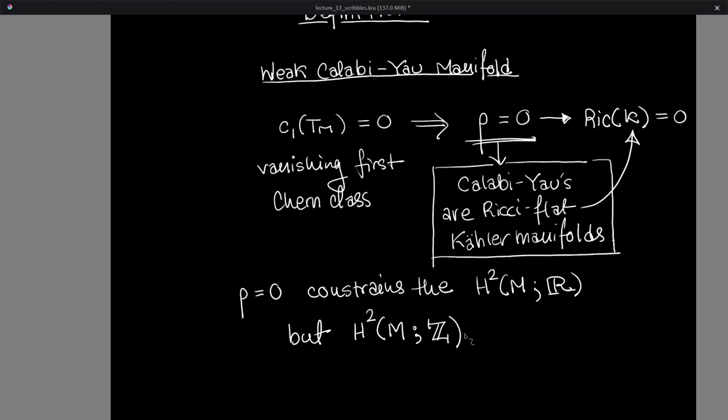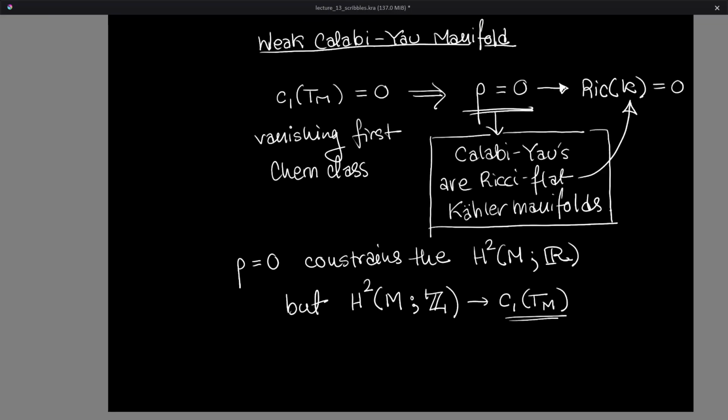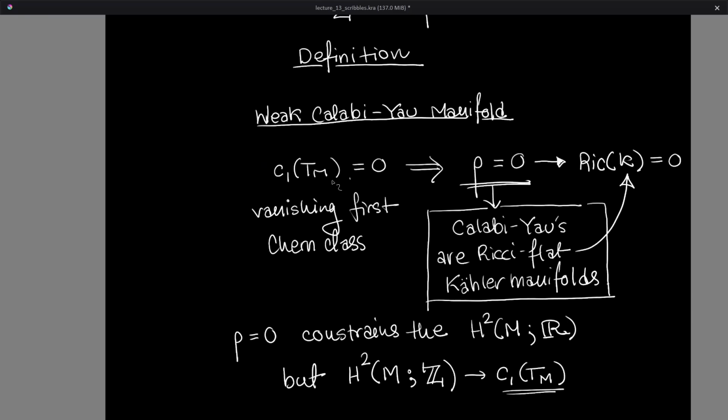And those situations are what mean that this Ricci flatness is not the same thing as the vanishing first Chern class. Oh yes, here what I meant is c1 of TM is this actually, right? So that's what I meant, that the integer cohomology class is this in the more true, more accurate sense. Yeah, so this is a weak Calabi-Yau manifold.